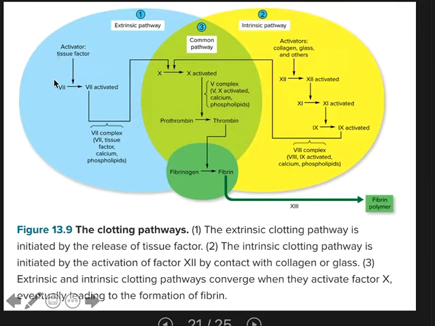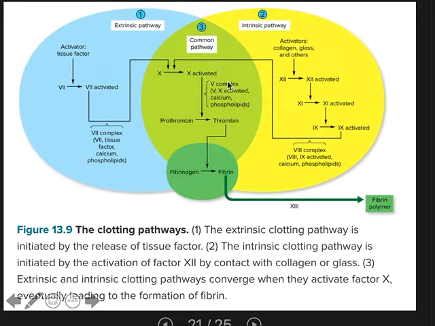So you don't need to memorize each of these pathways. Just want to point out the common pathway, right? Like I mentioned, whether you start with extrinsic or intrinsic, and intrinsic has a lot more steps, in the end they both get to prothrombin converting to thrombin and then converting fibrinogen to fibrin.